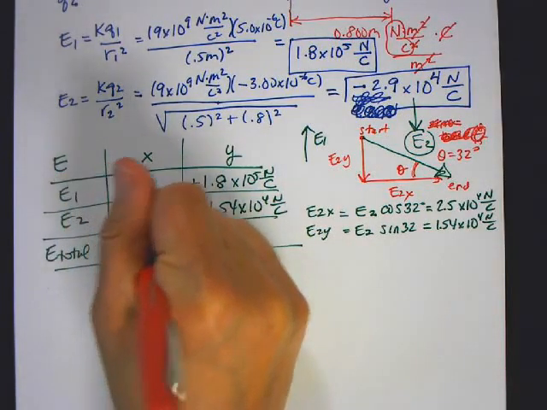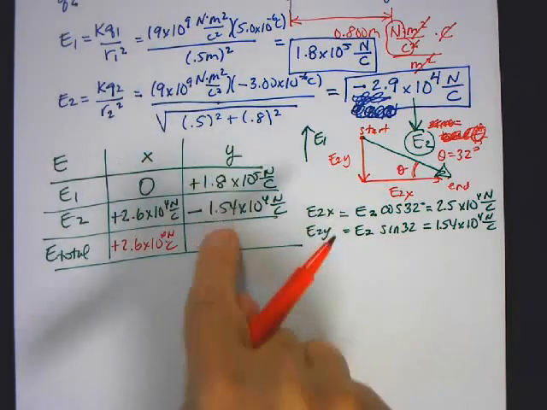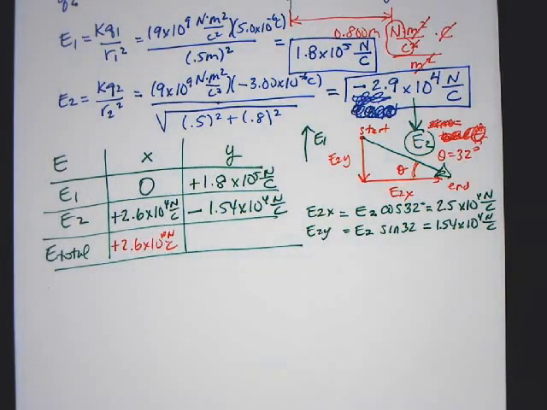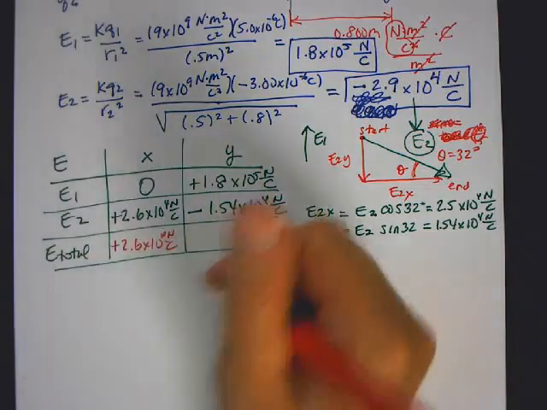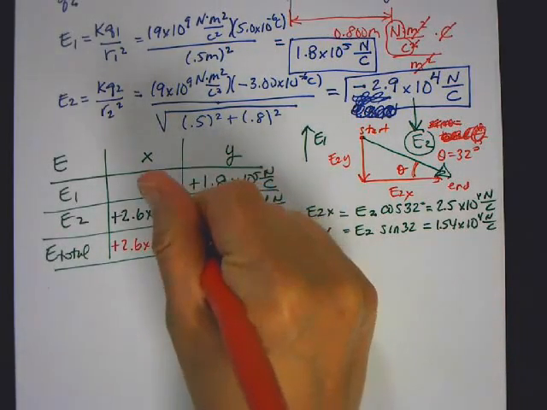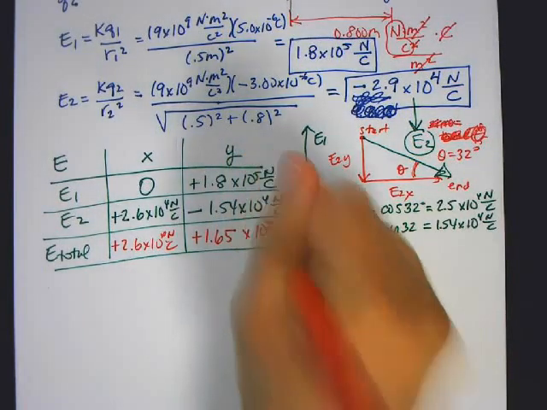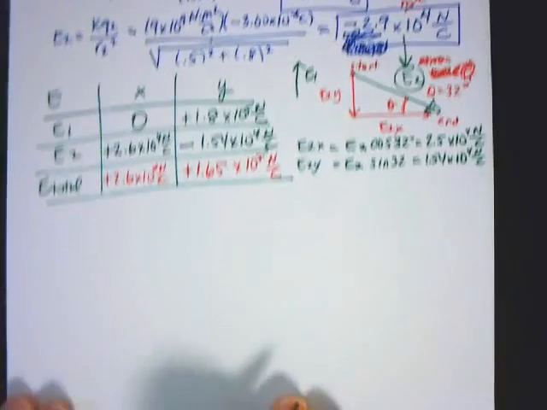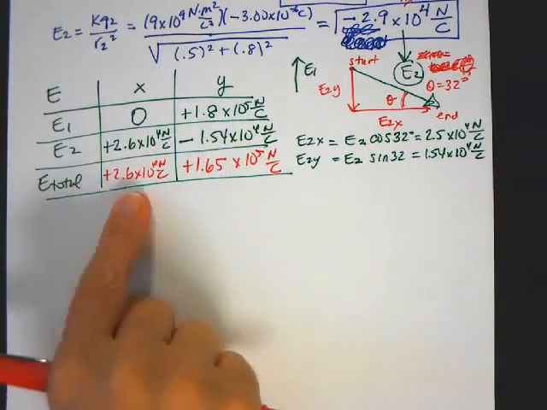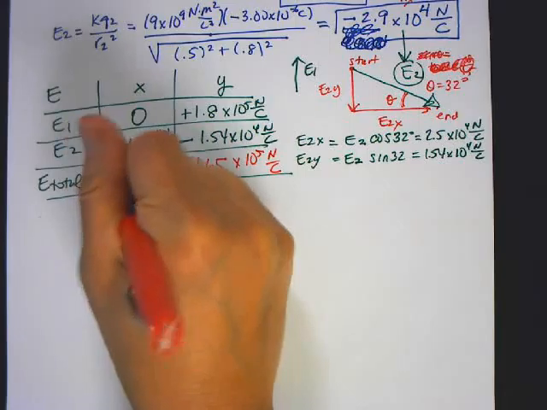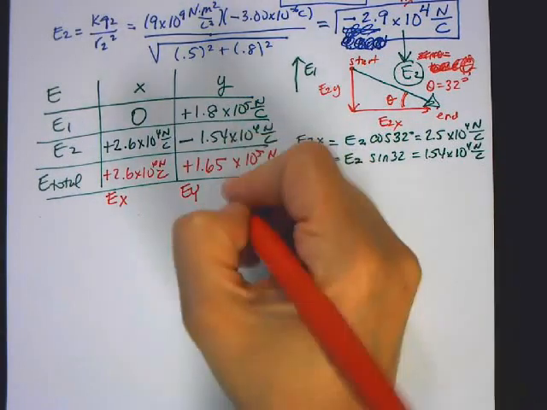And then when I add these up, 1.8 this comes out to be positive 1.65 times 10 to the 5 newtons per coulomb. So we're almost done. Now I have my x component. This is EX. I have my y component, and I just want to find my E, my net electric force.